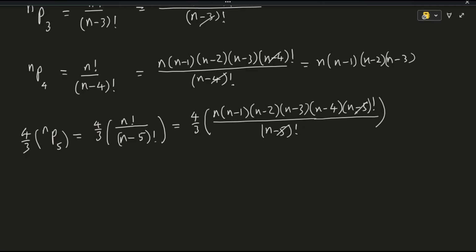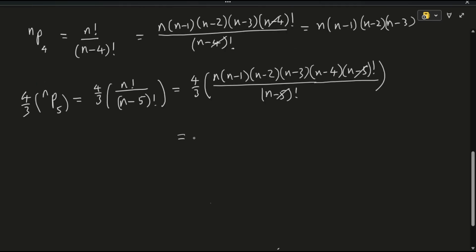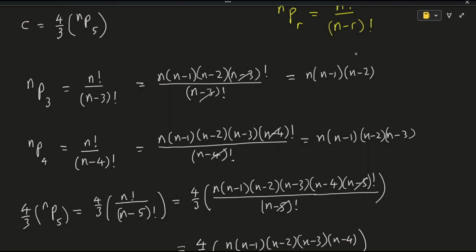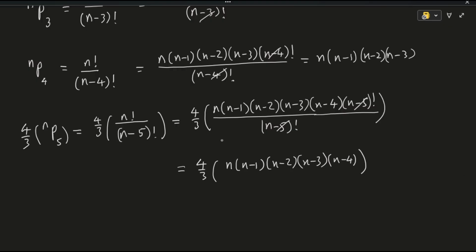So this will cancel this. So we're going to have as our third term 4 over 3 n and so on. So this is our first term, this is our second term, and this is our third term.